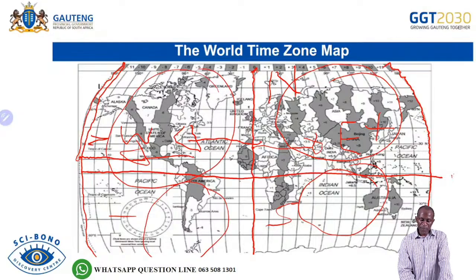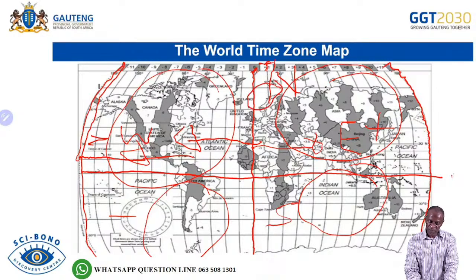On top of the map, you would see eastwards, you'll have a +1 here, the longitude +1, and from 0 degrees to +1, we said, represents 1 hour.